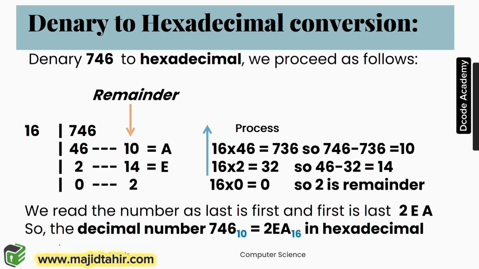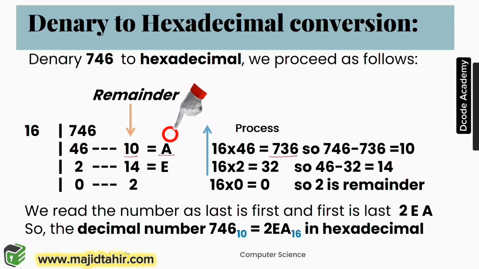Moving forward, when you have to convert a denary number to a hexadecimal number, you have to divide the number by 16. Let's suppose we have the number 746 that we are going to convert into hexa. 746 divided by 16 gives 46, because 16 multiplied by 46 is 736, and the remainder is 10.